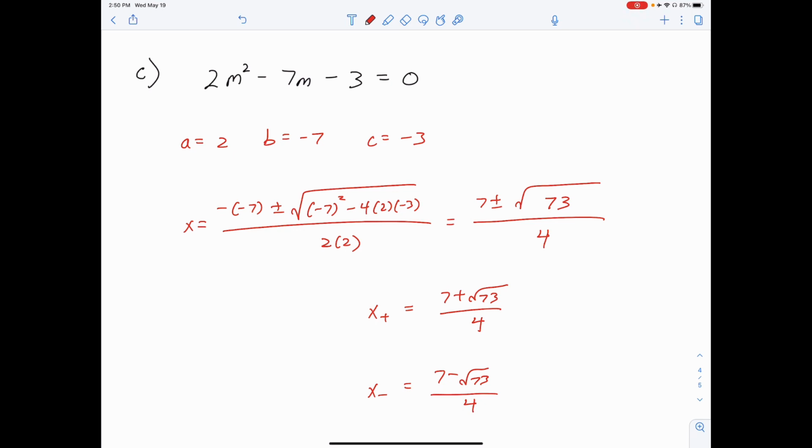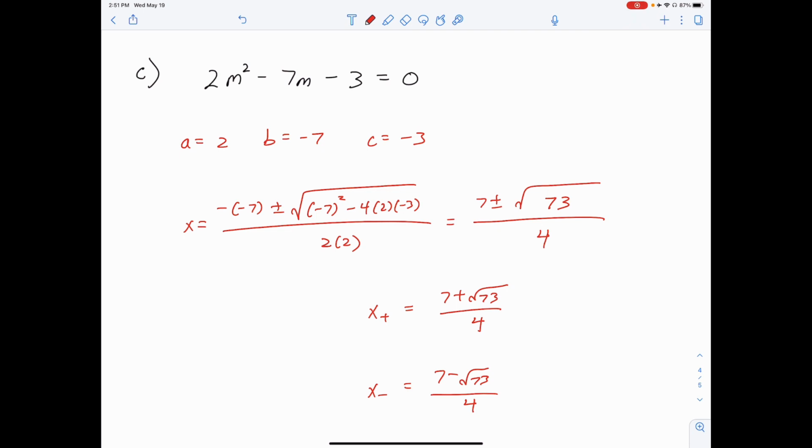Just a reminder, the expression inside the square root is called the discriminant. You can watch a video here where we talk about the discriminant. The discriminant tells you about the nature of the roots, whether there's going to be 2 or 1 or none. If inside is a positive number, like we have here, which is positive 73, we expect a plus and minus answer to come out.